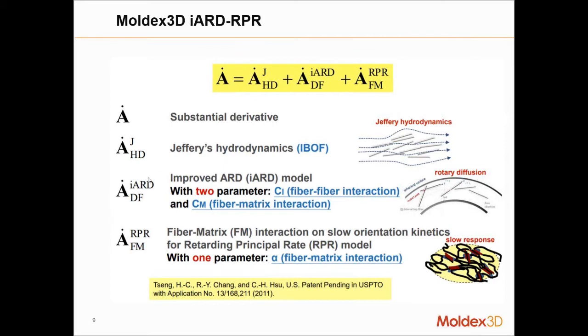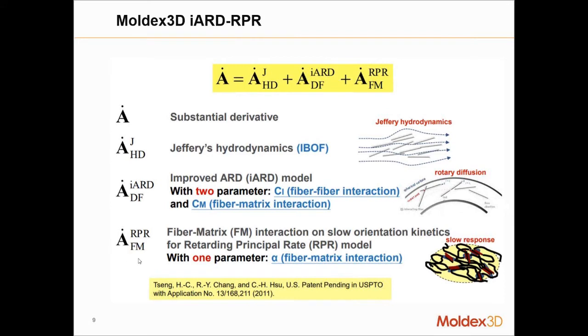But then we have two other more complex terms. The first one is the rotary diffusion term. The rotary diffusion term allows us to describe how the fiber is interacting with the other fibers. And it also allows us to study how the fiber is interacting with the matrix, being the polymer itself. So we have two parameters, Ci and Cm, that we can control to accurately determine the realistic interaction between the fibers and between the polymer and fiber.